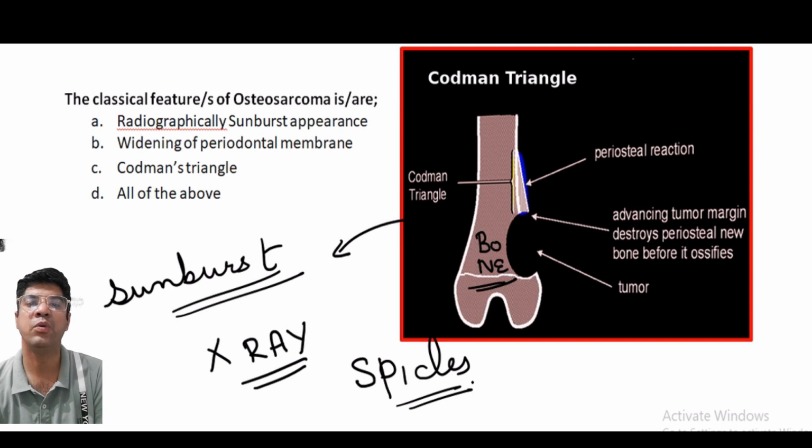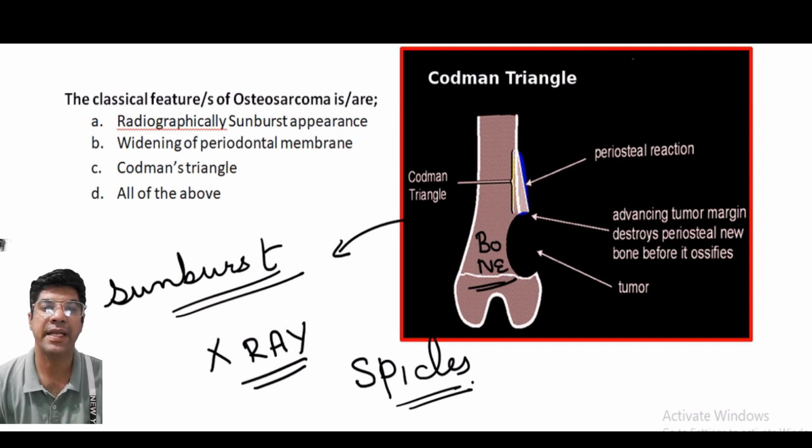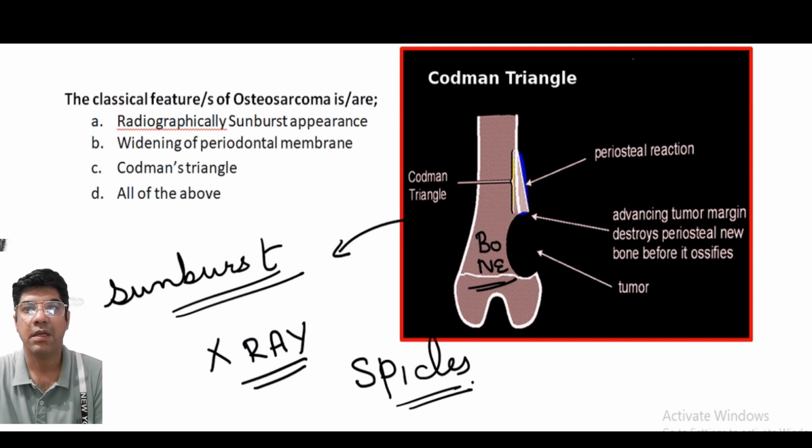These spicules or rays radiating outward from the tumor are particular properties of osteosarcoma.